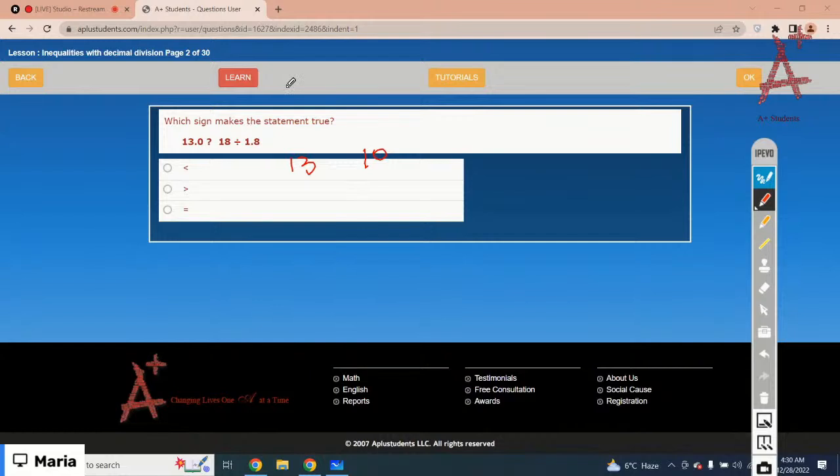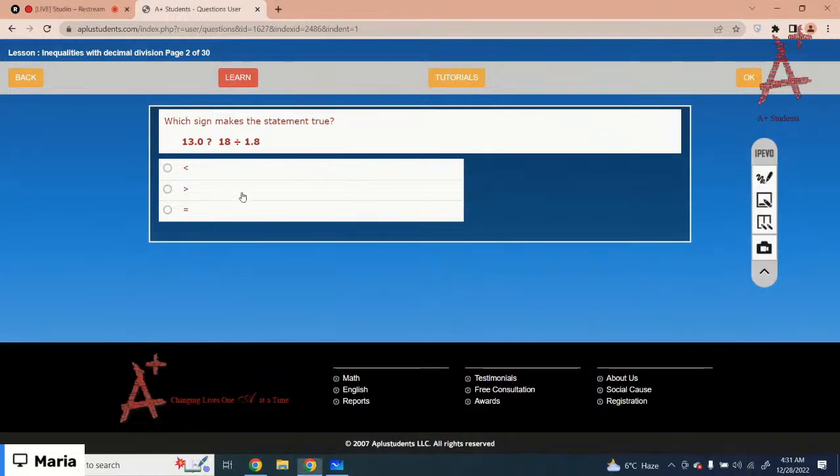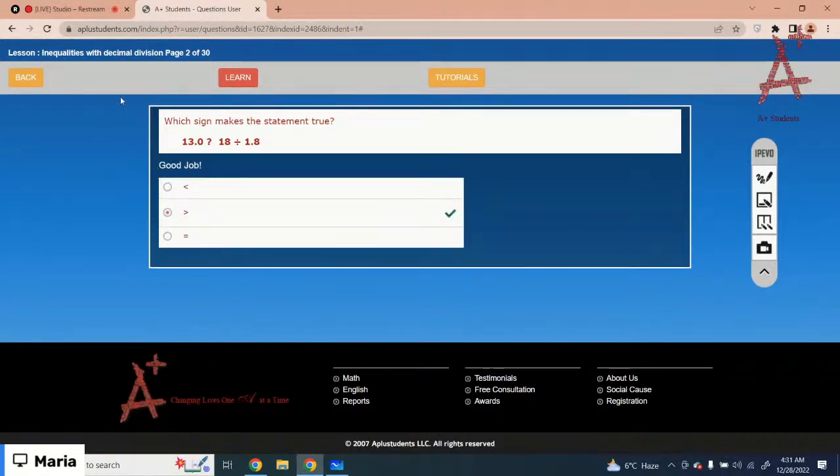You have to compare 13 is greater than or less than 10. So the correct option is 13 is greater than 10. Got it? So just select the correct option and click on the OK button. Okay, you can complete the test by yourself later today.